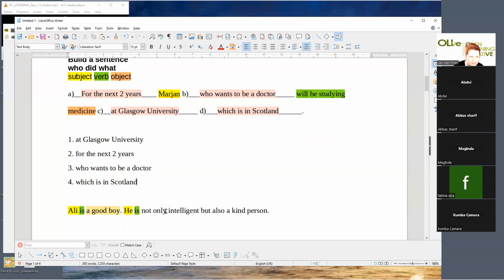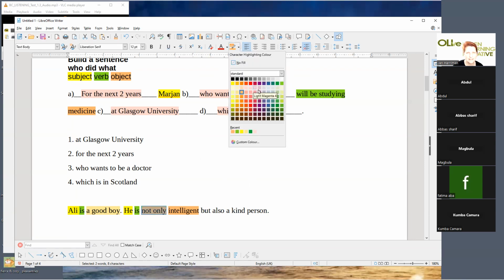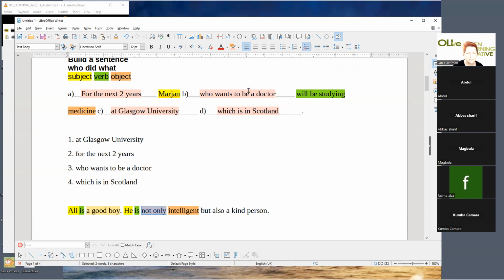So we could actually say, he is intelligent. Now, not only is modifying intelligent. He is not just intelligent, but also. It is additional information.